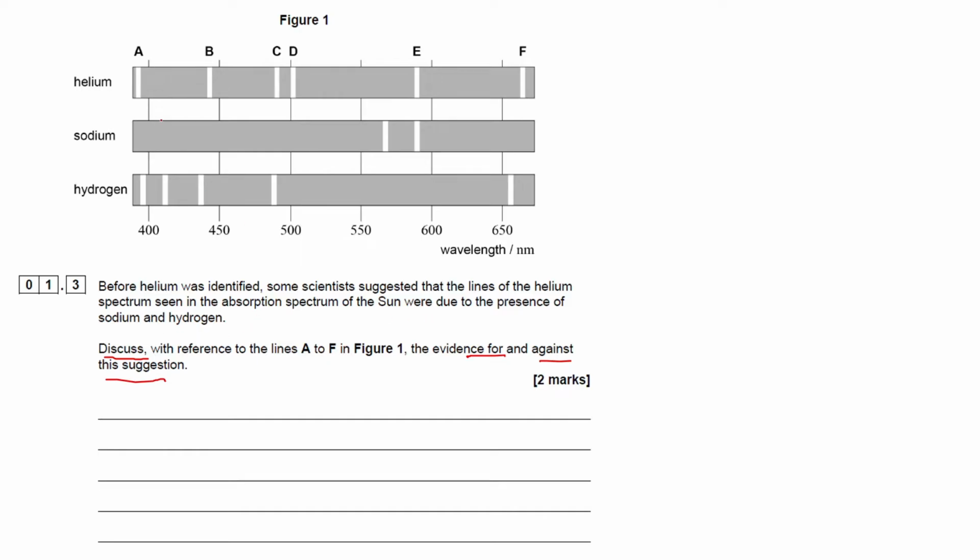So really it's just about looking at these lines and seeing where they might appear in sodium or hydrogen. Now you could see that there is a line here. Line C seems to match with hydrogen. So the first point is to say that line C in helium is seen in hydrogen.